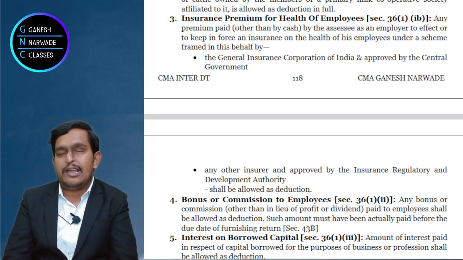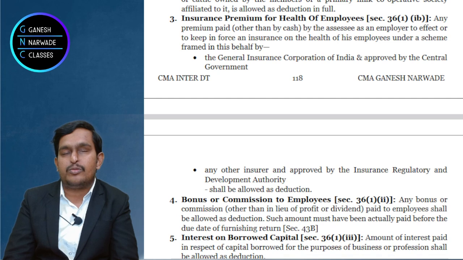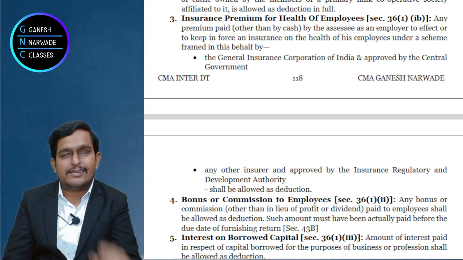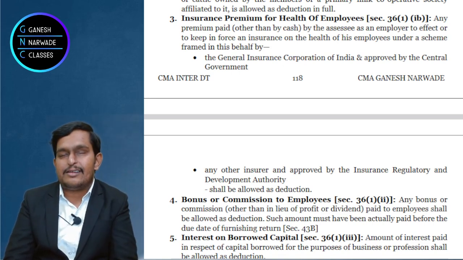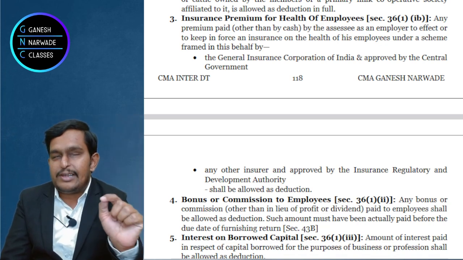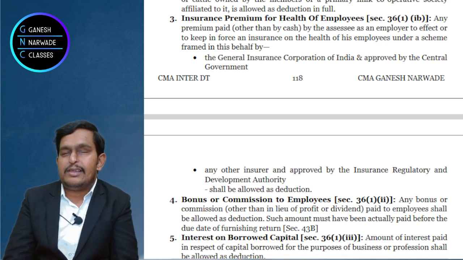But income tax will allow it only if it is paid through account payee cheque or demand draft. If the payment is through cheque or demand draft, income tax will allow it as deduction, accounting also allows it, no problem at all. But if it is paid through cash, then accounting will allow it as deduction, but income tax will not allow it as deduction.